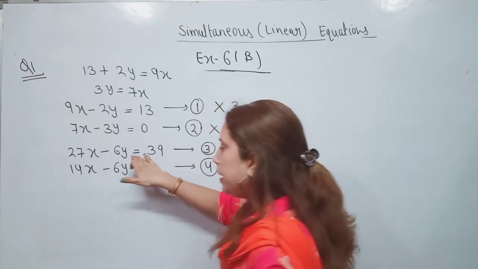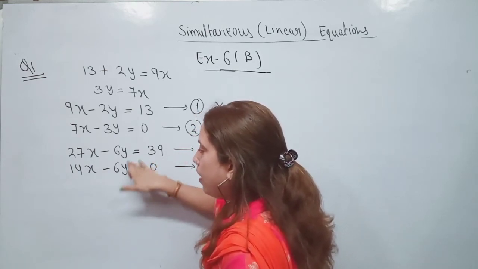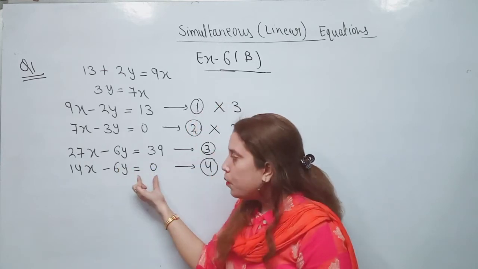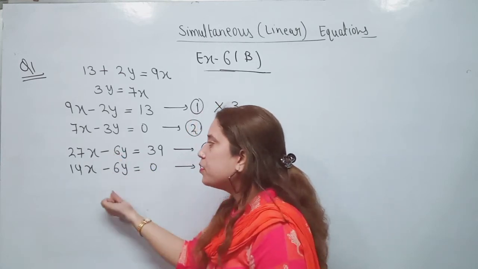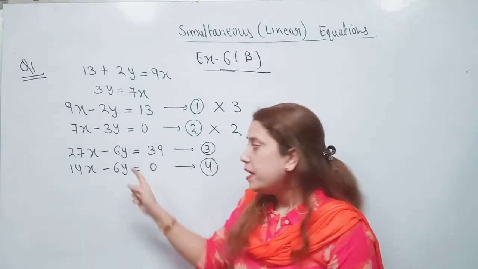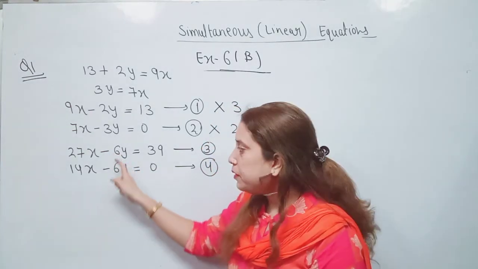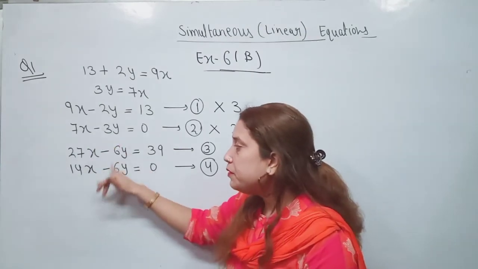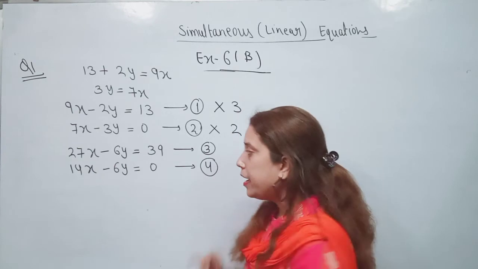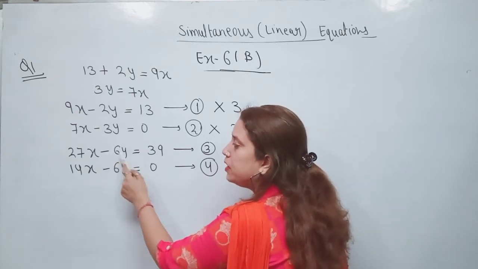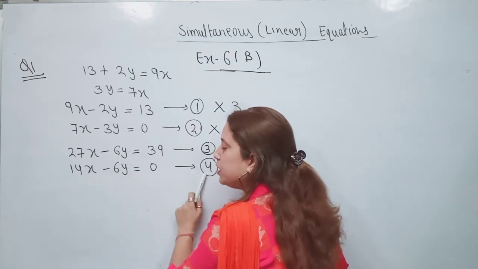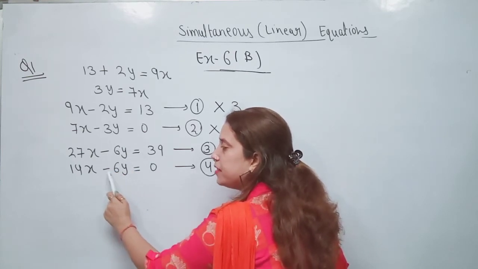After making the coefficients the same, we will check the sign of the coefficient in both equations. If the sign is same, then we will do subtraction. If the sign is different, then we will do addition. Here the sign is same. In equation third, the coefficient of y is minus 6 and in equation 4, the coefficient of y is minus 6.